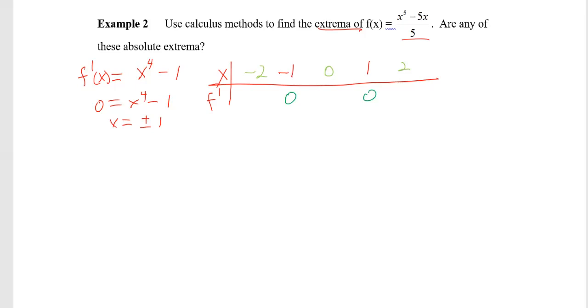So I need f prime of negative 2. Well, here's f prime right here. I put that negative 2 in. That's 15. That's positive. Our function is increasing in there.